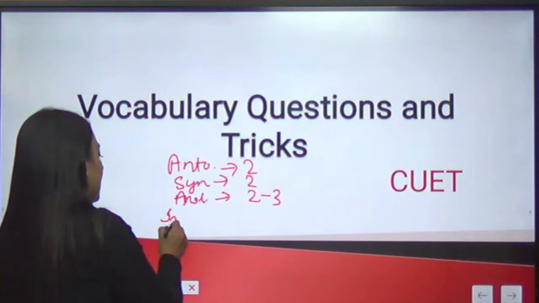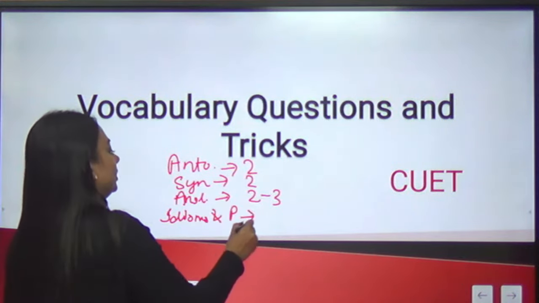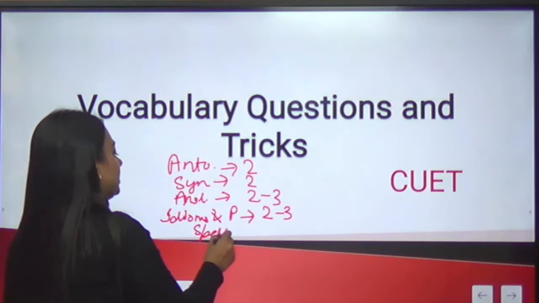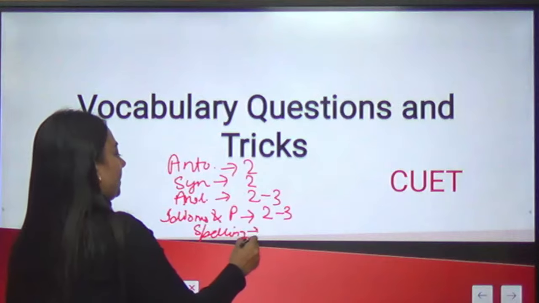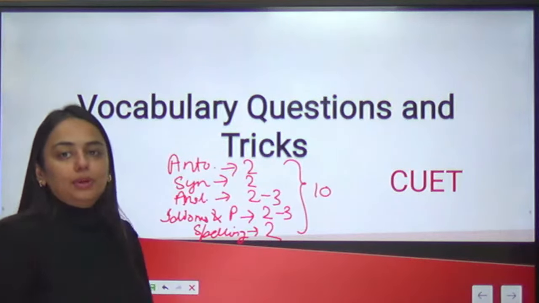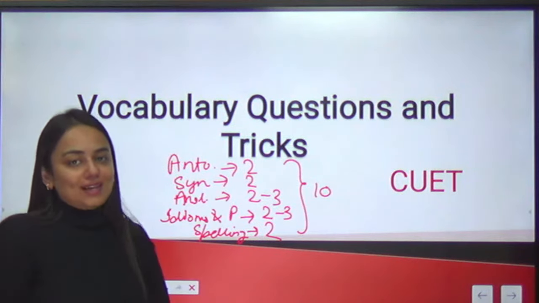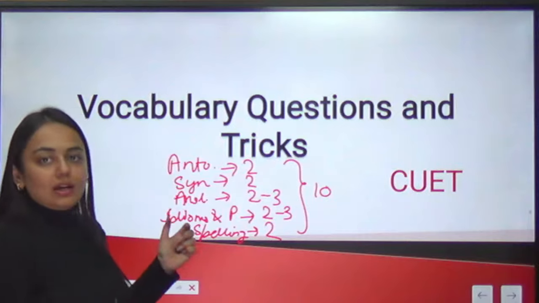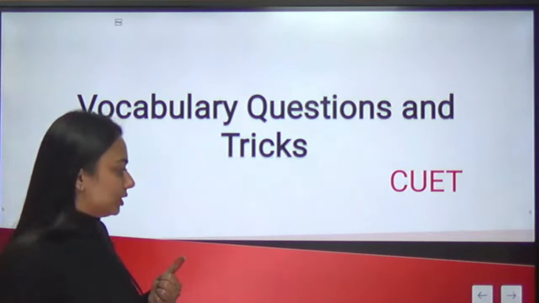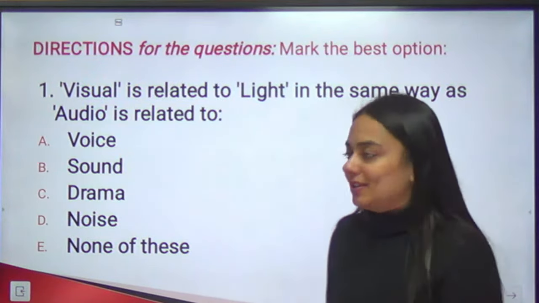On idioms and phrases, again 2 to 3 questions, and some questions on spellings also, 2 questions. So roughly 10 questions will be there from vocabulary. So now you know the significance of this area. So let's practice each and every one of these categories with some examples, and let's see if you'll be able to do these questions or not.